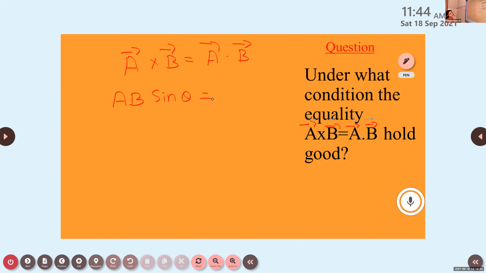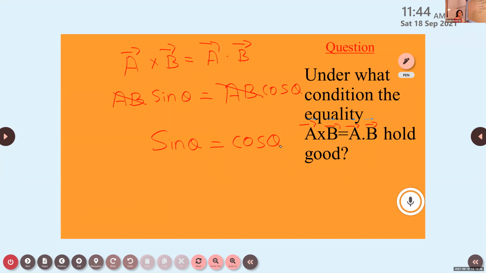Similarly, vector A dot vector B is equal to AB cos theta. So in both LHS and RHS, we have AB. We can cancel it. So it becomes sine theta is equal to cos theta.